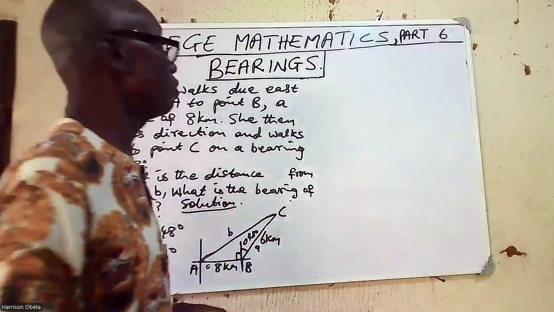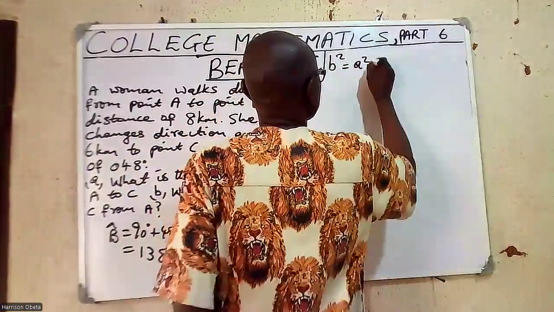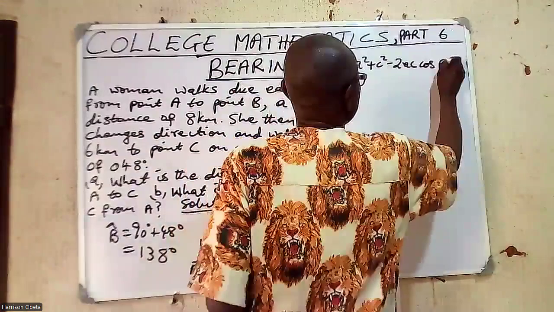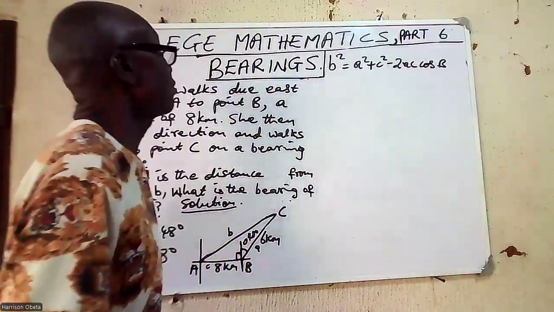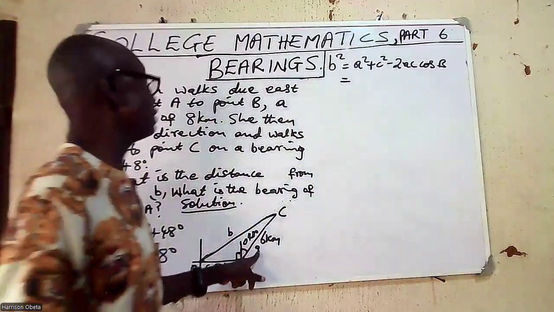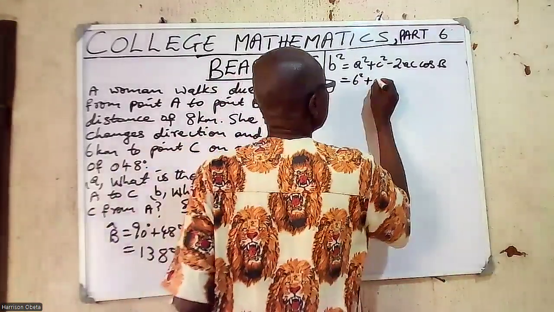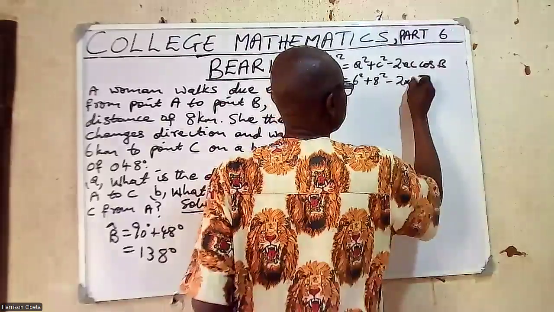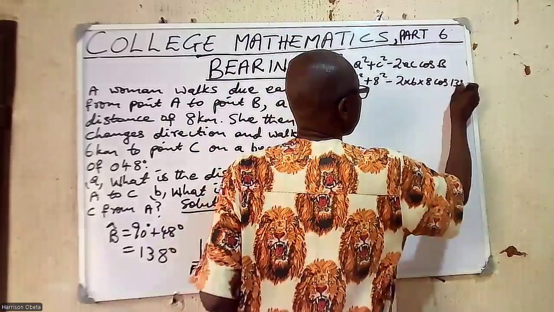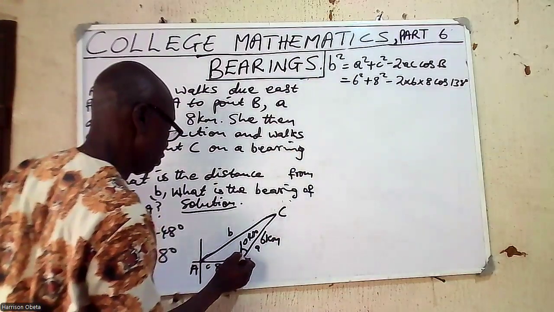Using the cosine rule, we are looking for small b. b squared is equal to a squared plus c squared minus 2ac cos B. That is from the cosine rule. That means our small a is 6: 6 squared plus 8 squared minus 2 times 6 times 8 cos 138, because the whole of this angle is 138.